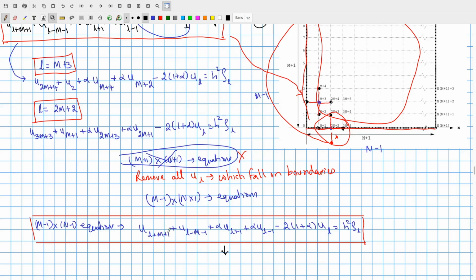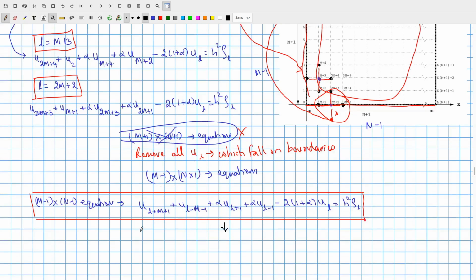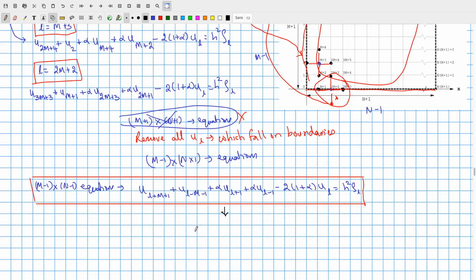So ultimately, after converting the partial differential equation into a finite difference equation and doing all this jugglery, what we end up with is a system of m minus 1 into n minus 1 linear equations. This will come down to a matrix form. Let us write it as A dot u equal to, say, B. Now if you see, this is m minus 1 into n minus 1 equations.